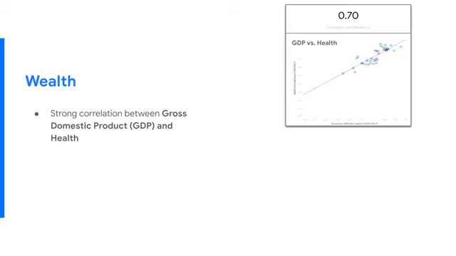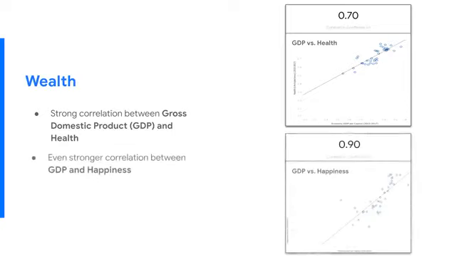So we found that there is a strong correlation between gross domestic product and the overall health of a specific country, with a 0.7 correlation coefficient, so higher than the overall correlation coefficient for health and happiness. Next, we found an even stronger correlation between GDP and happiness.